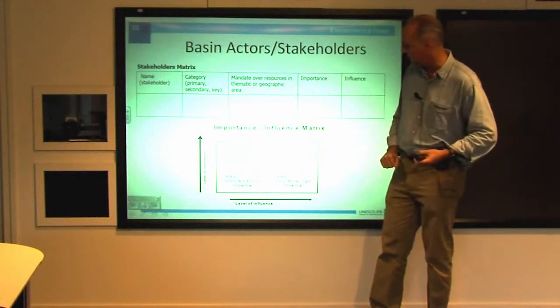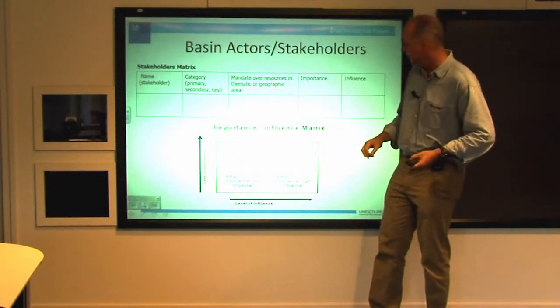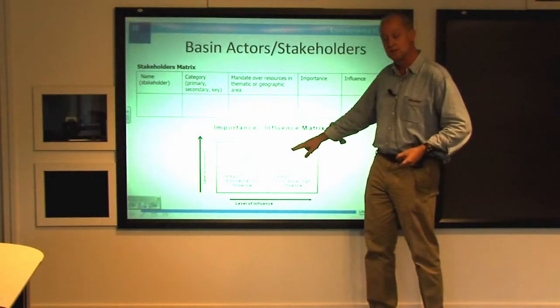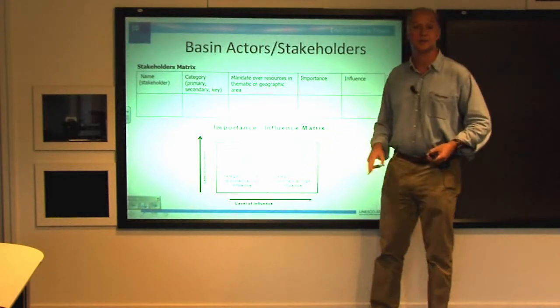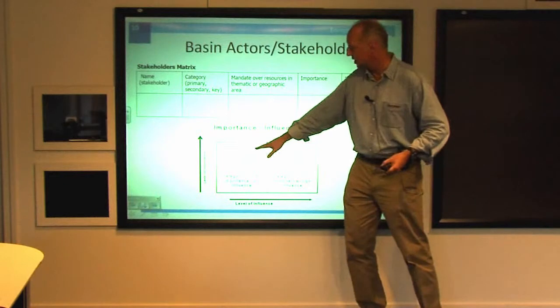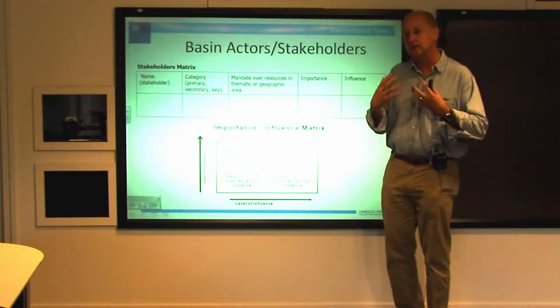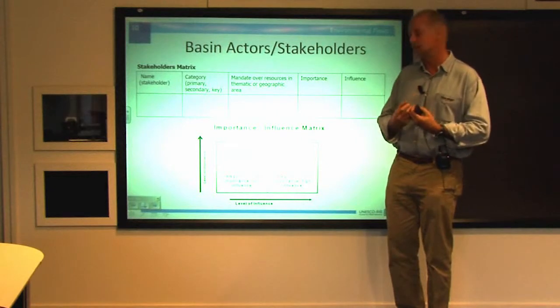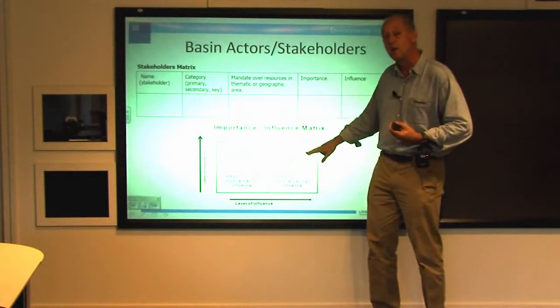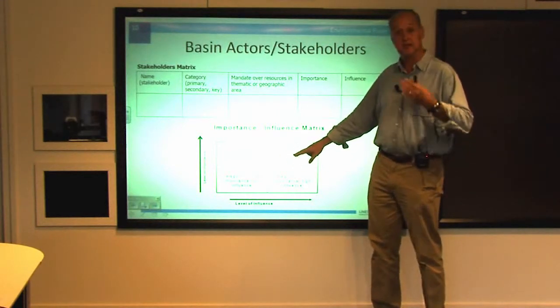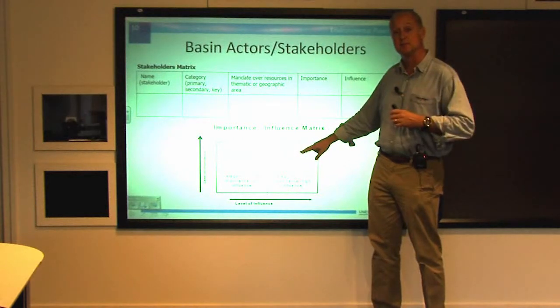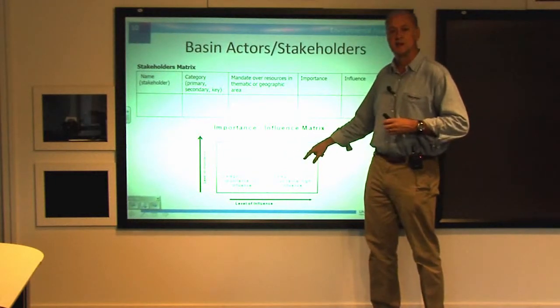Category 2 partners or stakeholders are those with both high importance and high influence, right? Both of these are categories of stakeholders that we're going to want to engage directly in the project. And of course, very often our key stakeholder, in the case of Kenya, the Water Resource Management Authority, falls into this category.